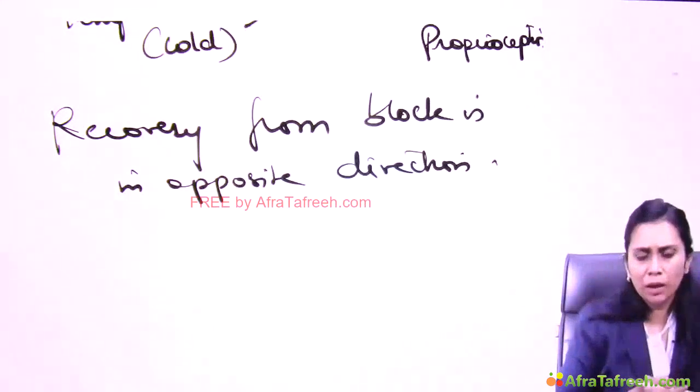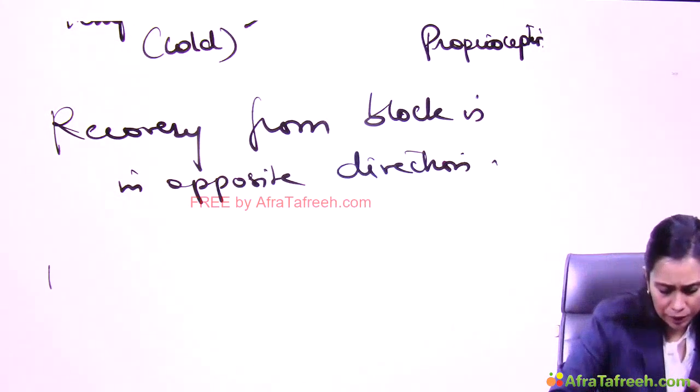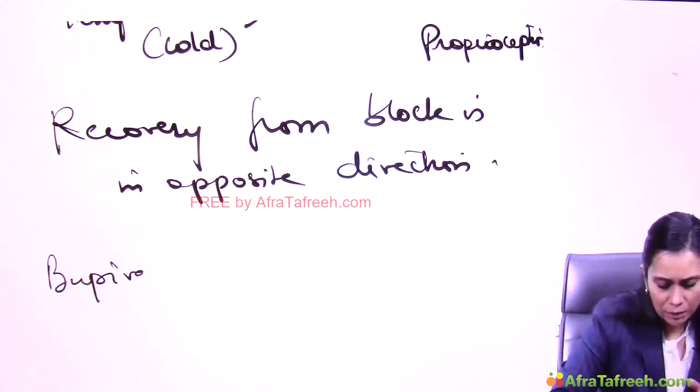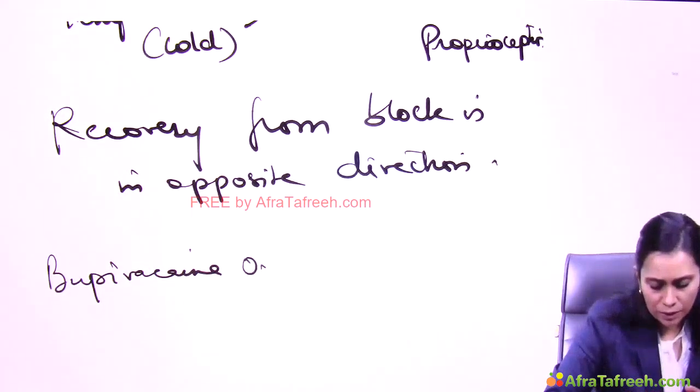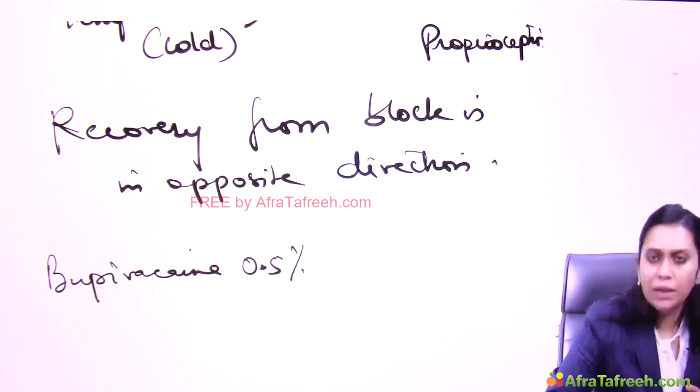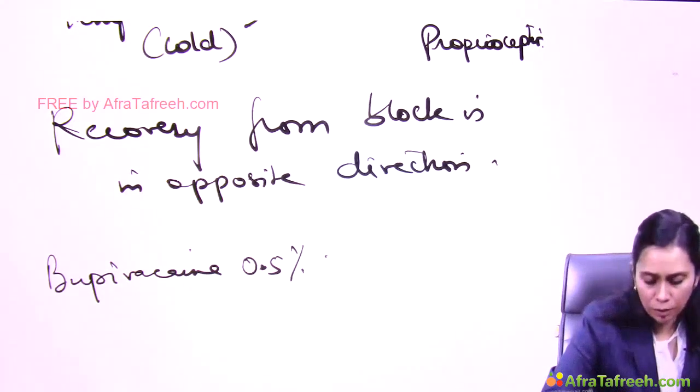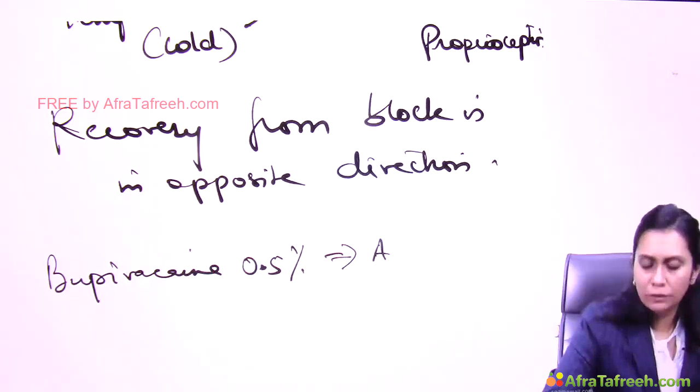Now, if I ask you to give an example of any LA, let's say I pick up bupivacaine. Let's say I am using bupivacaine for a block, and I am giving 0.5% bupivacaine. This concentration is enough to block autonomic fibers, sensory fibers and motor fibers.